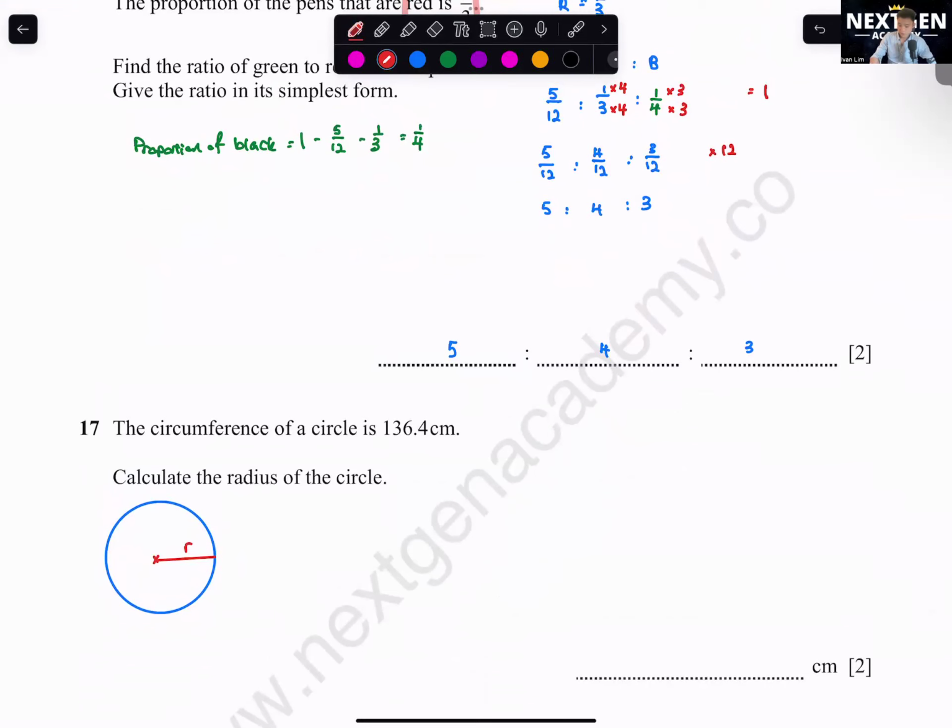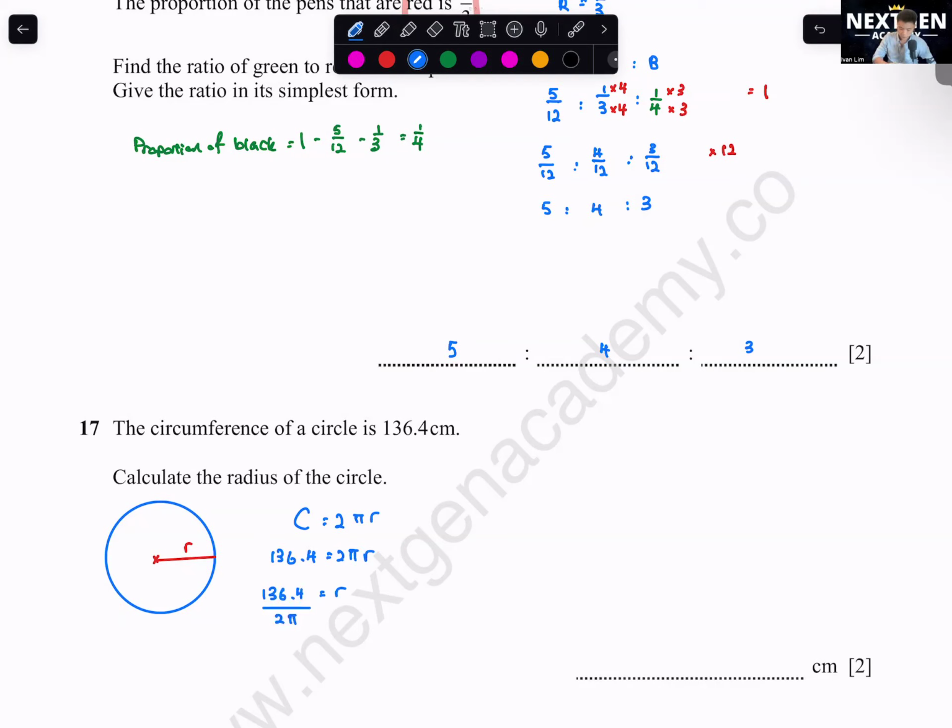Circumference is equal to 2 pi r. So we take 136.4 equals 2 pi r. r is 136.4 over 2 pi.